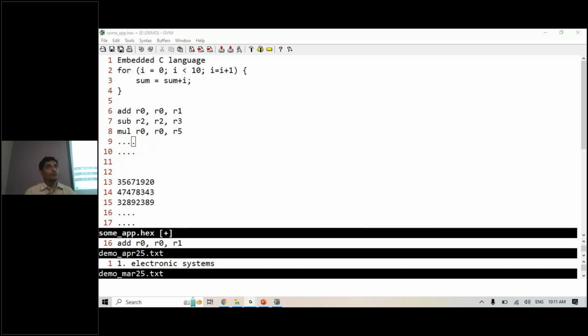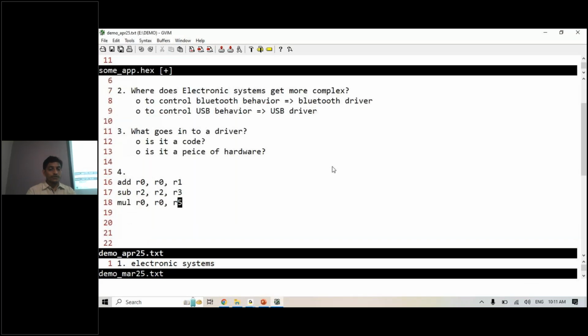Let me again brief about what we are discussing, in case some of you got confused. We are talking about what goes into a driver. As an embedded system engineer, embedded C language is used to implement the drivers.